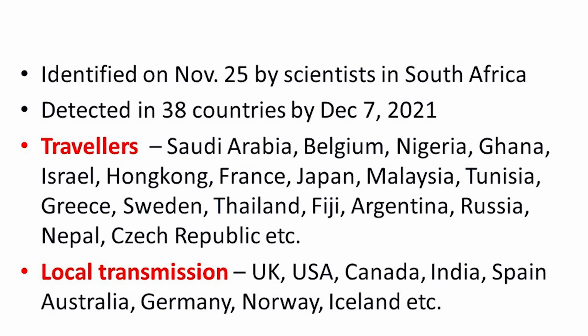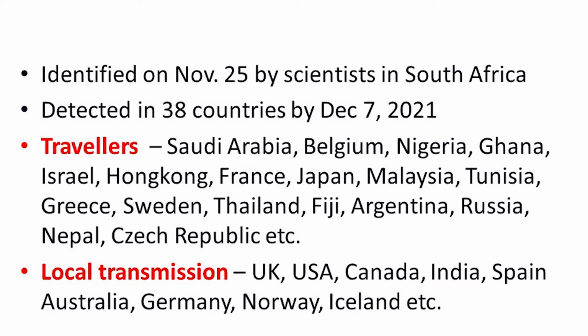To date, by yesterday or today, there are 38 countries that have reported Omicron. Now, in some countries, it has just been identified amongst travelers, like Saudi Arabia, Belgium, Nigeria, Ghana, Israel, and many other countries. But there are some countries where there is evidence of local transmission.